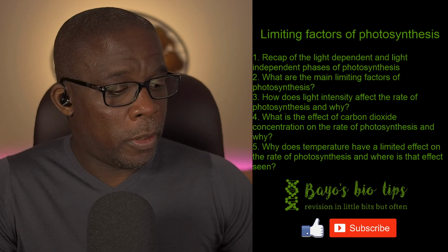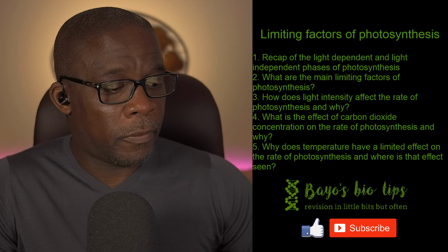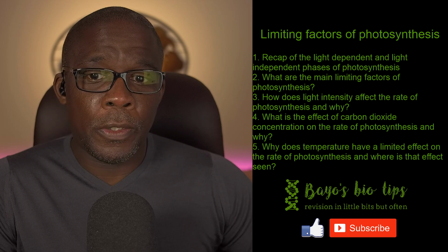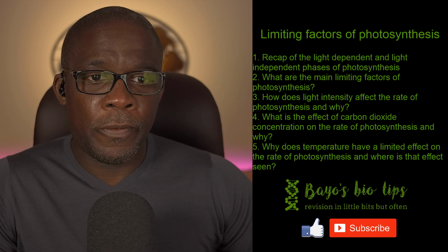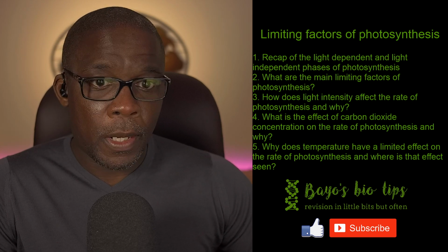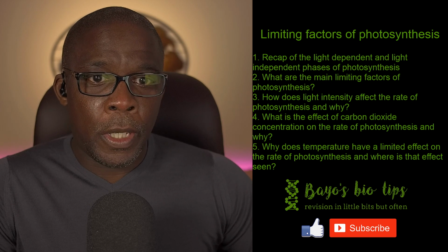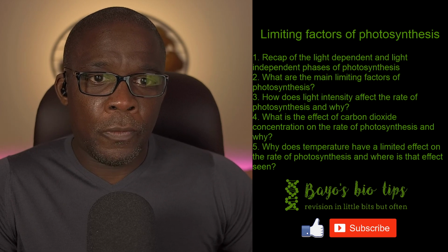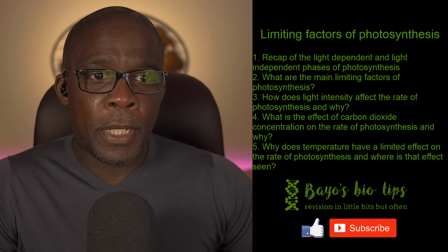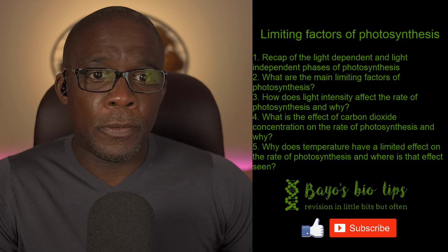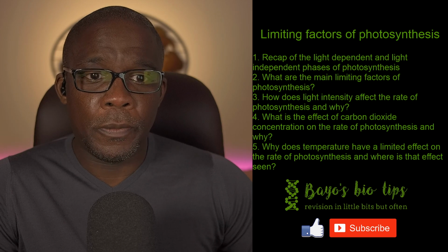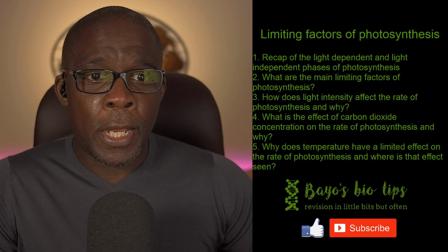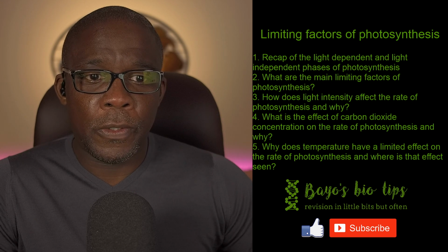In this video we're going to be looking at the limiting factors of photosynthesis and how they affect the rate. So the different subsections of this topic will be a recap of the light-dependent and light-independent phases of photosynthesis. We'll then look at a list of the main limiting factors of photosynthesis.